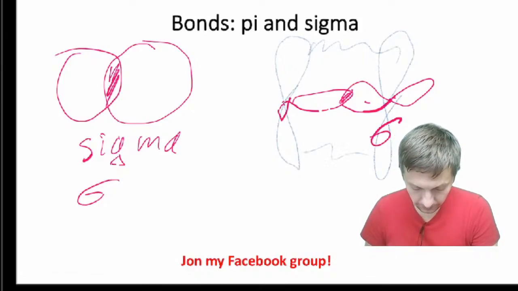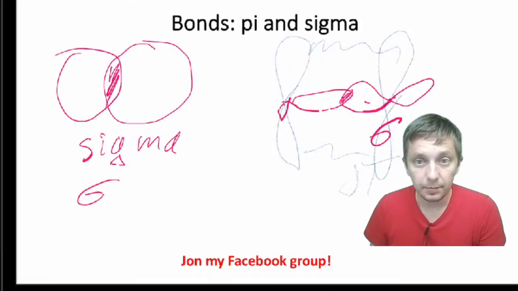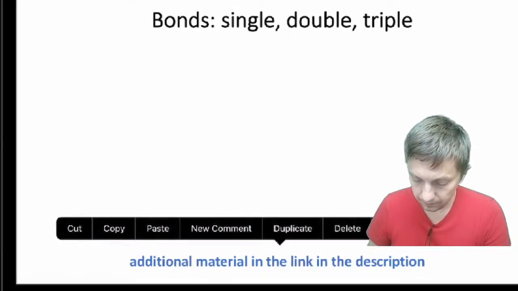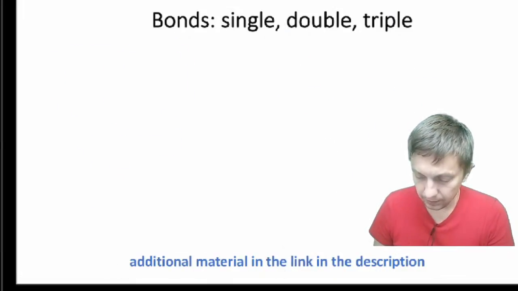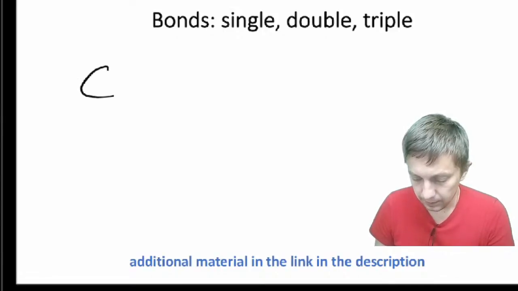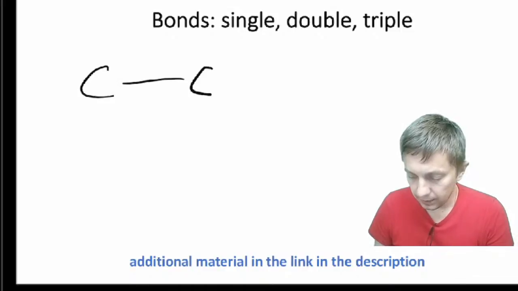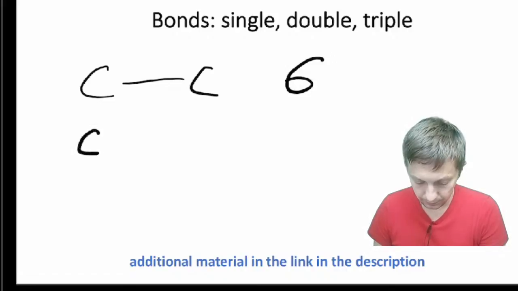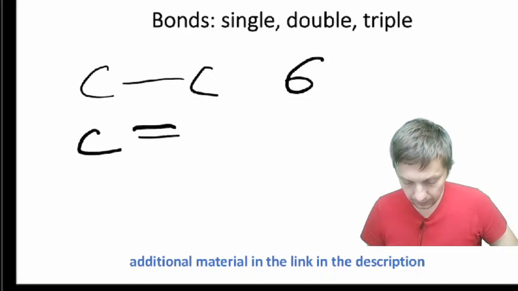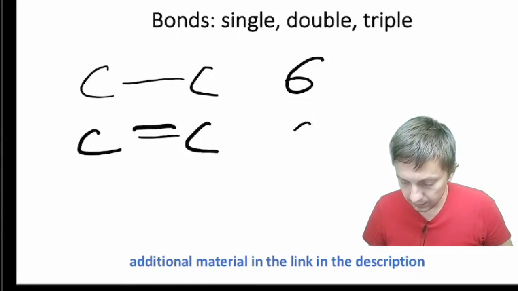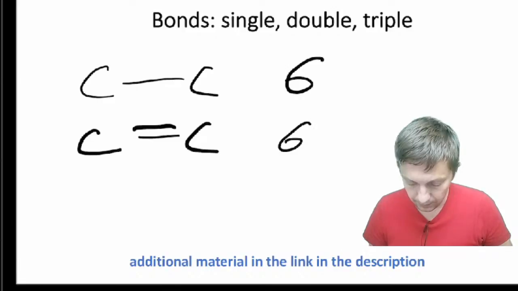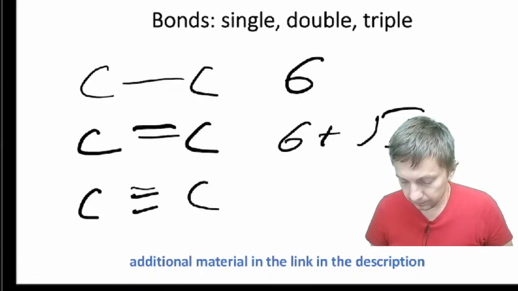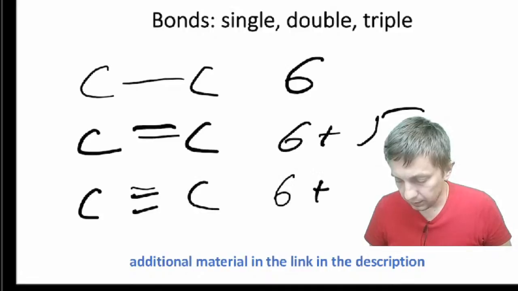And if we're talking about carbon compounds, and not only carbons, single bonds are also sigma. If you're dealing with a double bond, it's sigma plus pi. And with a triple bond, it's sigma and pi and pi.